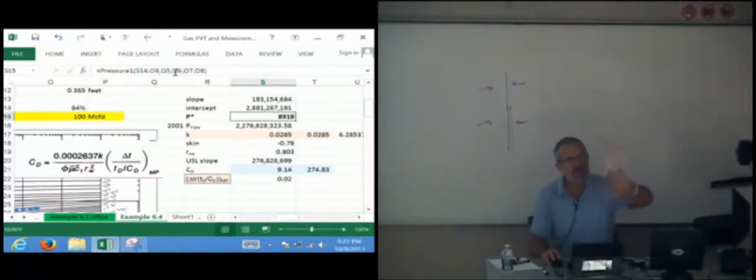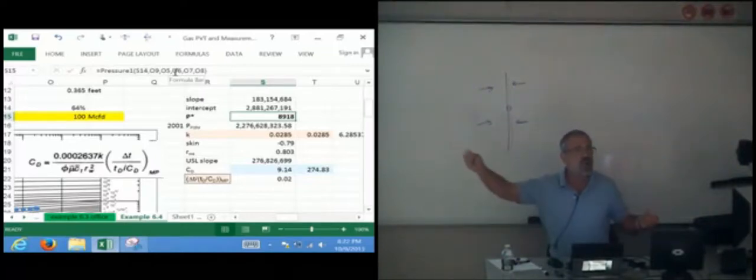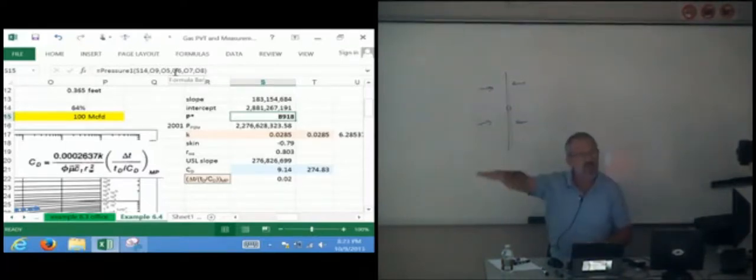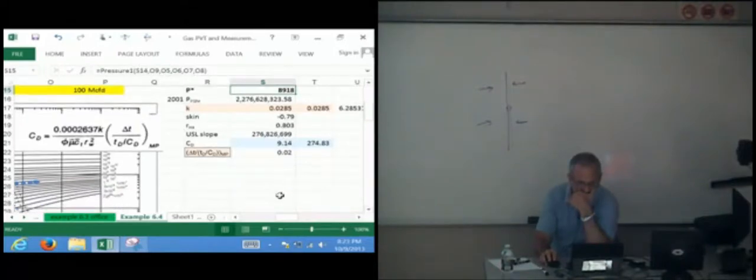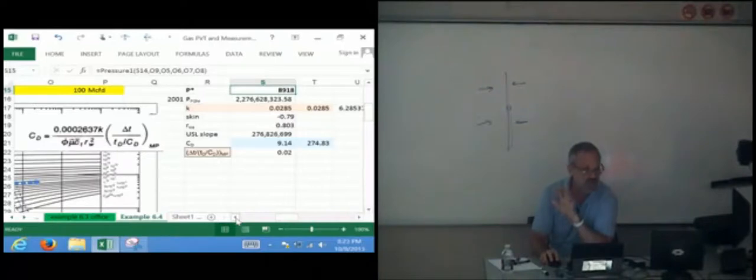There shouldn't be a degree of confidence that's different, but you can see how if I just rushed to judgment, I would have used all those points on a linear regression on my Horner plot. Now I'm starting to doubt a little bit whether it doesn't dovetail down, showing some boundary dominated flow. But you can see at this point in time, I'm not making huge significant changes.